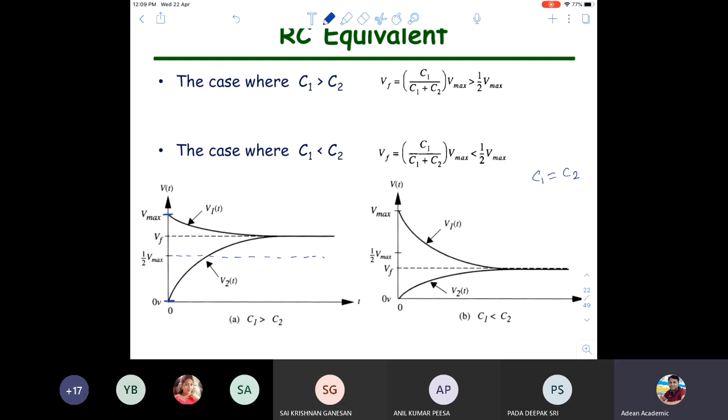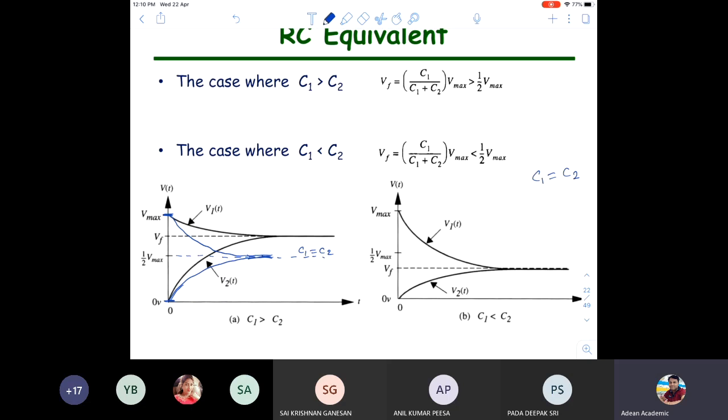So what happens is V1 is the voltage across capacitor C1, which is holding its initial value as Vmax, and V2 is the voltage across capacitor C2. If C1 is equal to C2, both are equal, then the V2 graph will be like this, and the V1 graph will be like this.